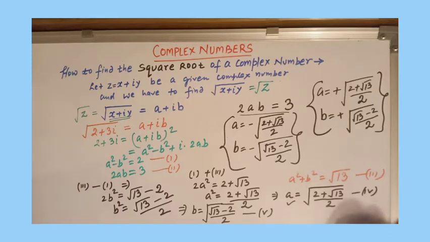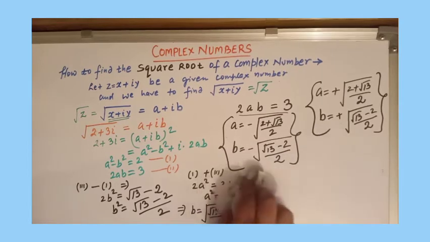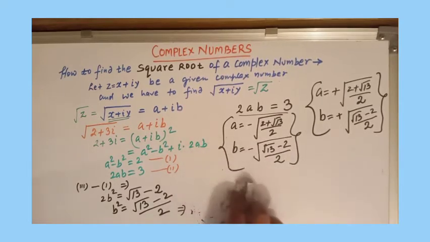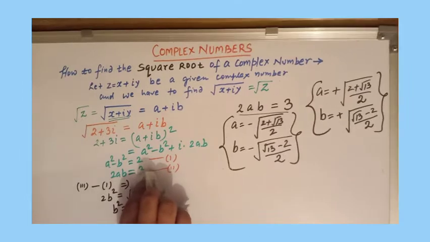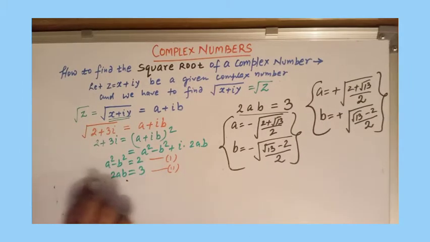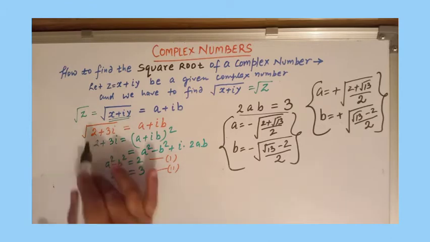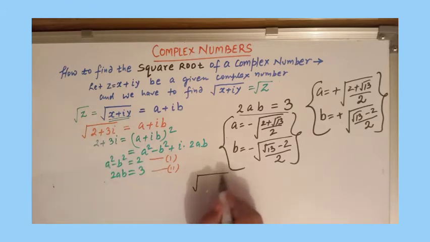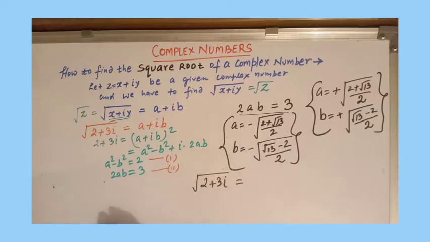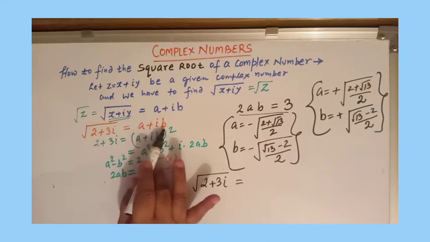Clear? So therefore the square root of 2 plus 3i can be written as a plus ib.